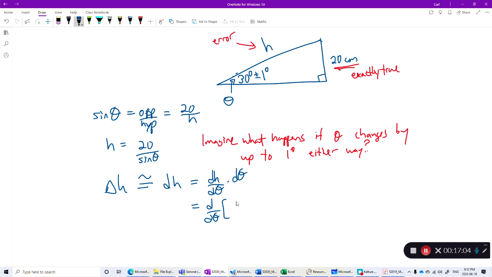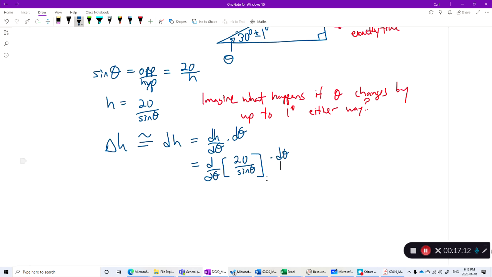So dh d theta would be the derivative of 20 over sine theta times d theta, where now this d theta is going to be 1 degree, right? Because that's the maximum change in theta, which is 1.